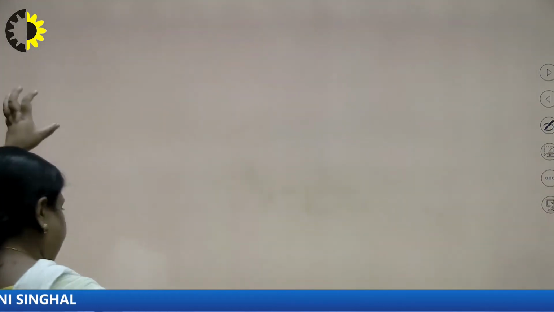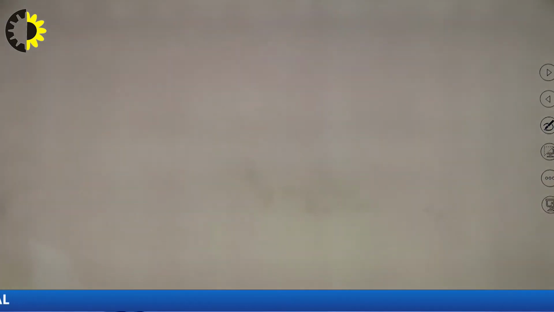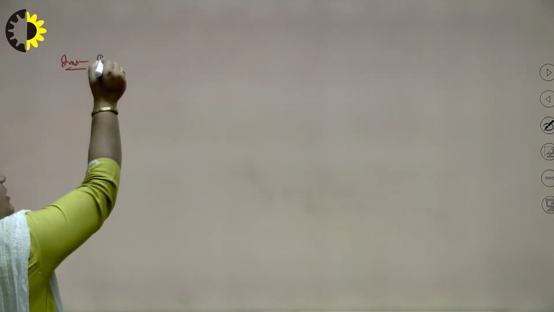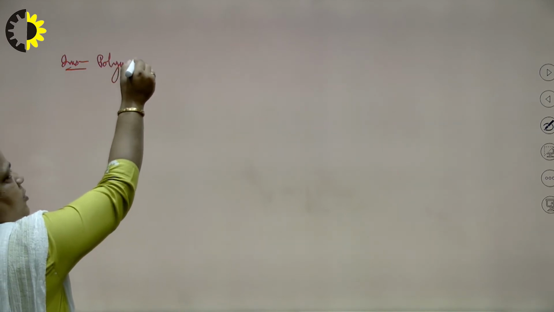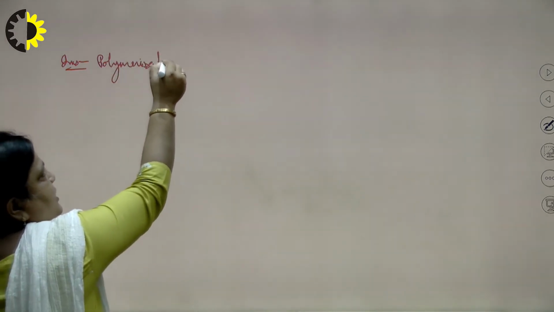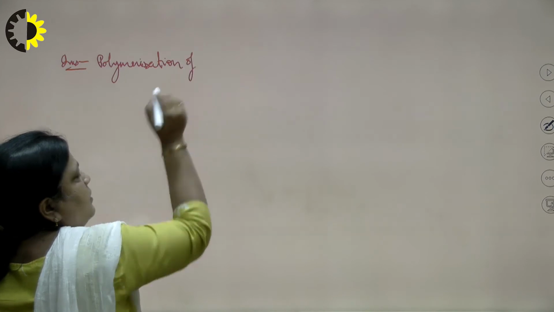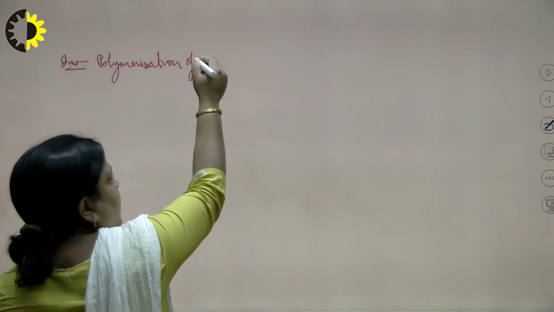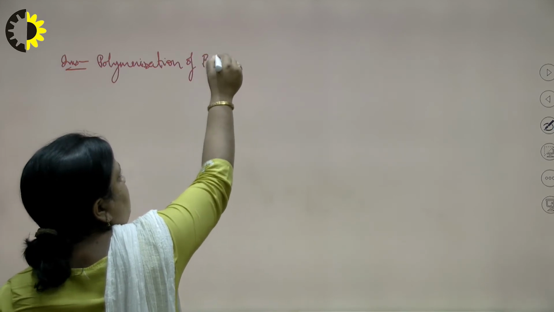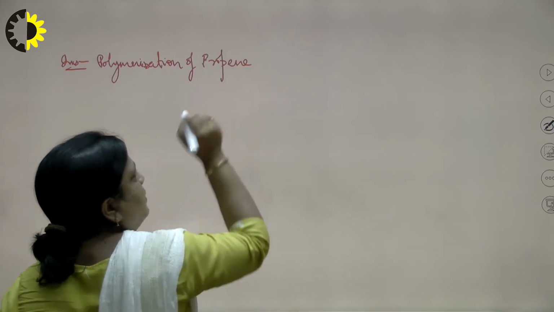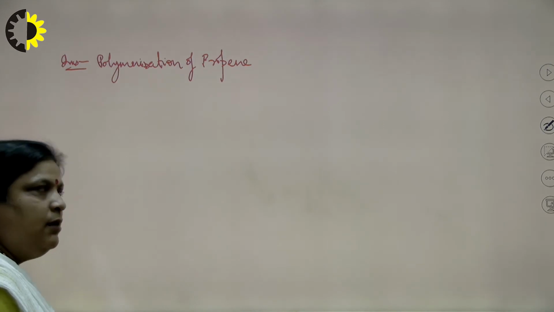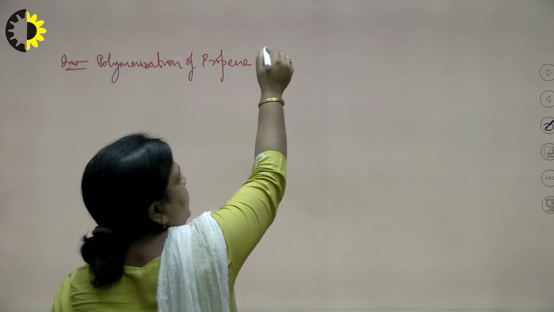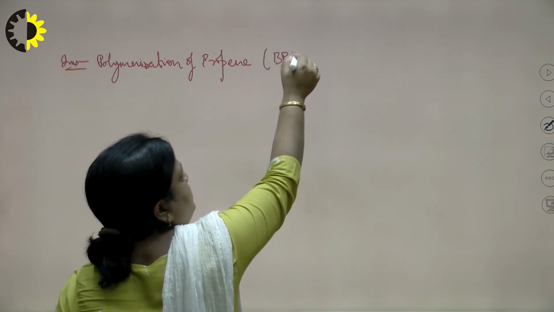I took the complete reaction, and suppose the question is: write the mechanism of polymerization of propene by using a free radical initiator, and suppose this free radical initiator is benzoyl peroxide.